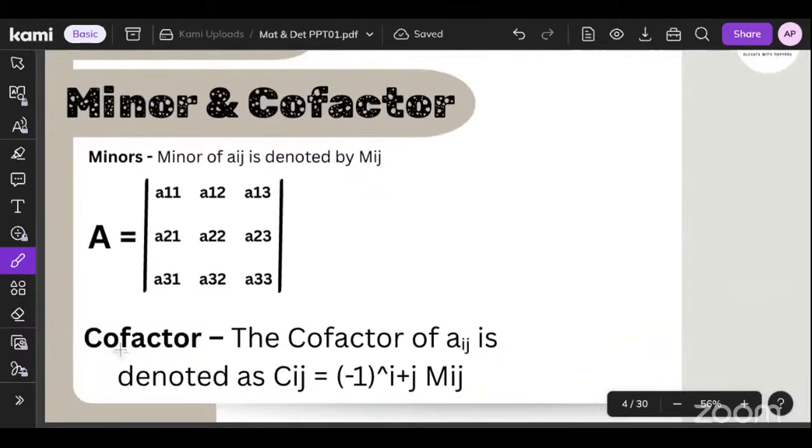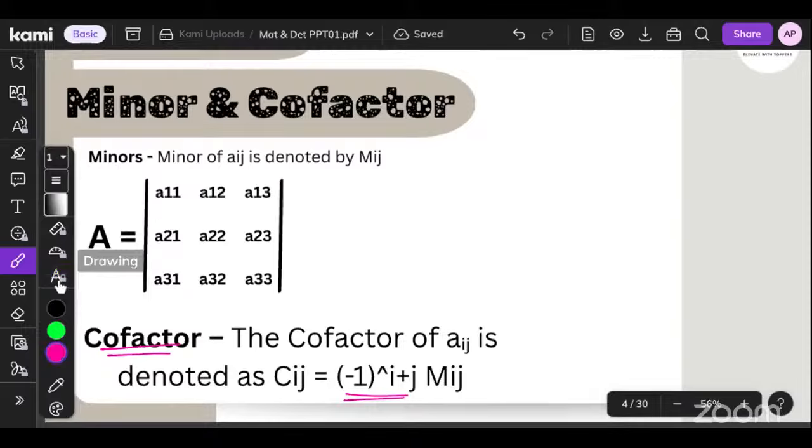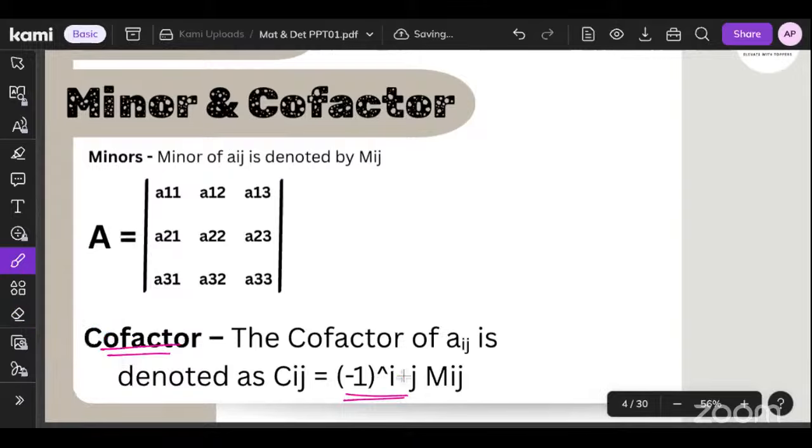And what are cofactors? Cofactors are nothing but minors with some signs added. The cofactor is also represented by the same Cij format, which represents the element placed in the matrix. Let us take an example of C12.